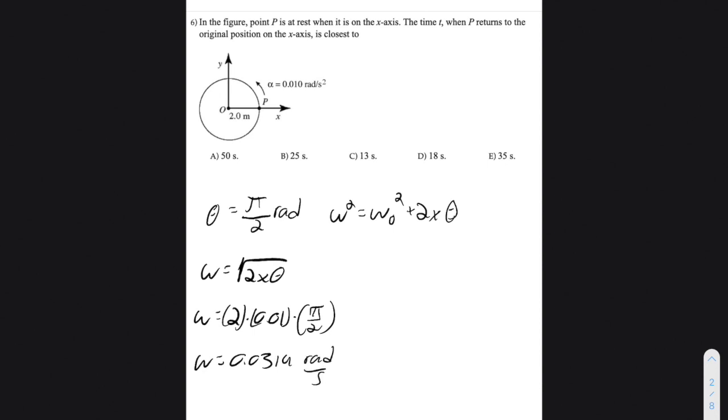So now we need to figure out the time when it returns to its original position, the first time that it makes one complete revolution. For this, our new angular displacement is a full 2 pi radians. So we can use the displacement equation theta equals omega naught times t plus 1/2 alpha t squared, where this term is going to drop to 0 because our initial speed was 0.